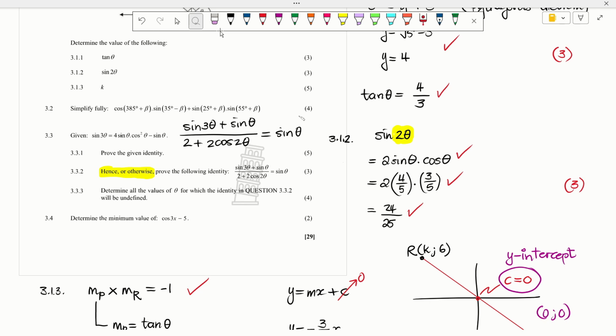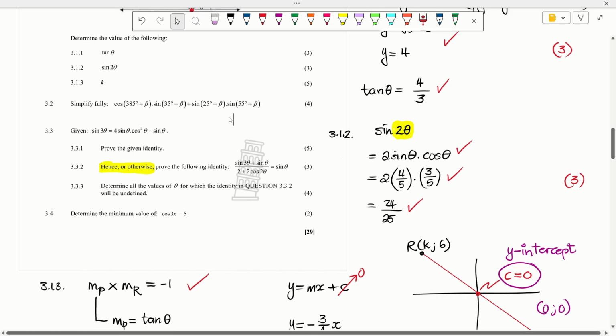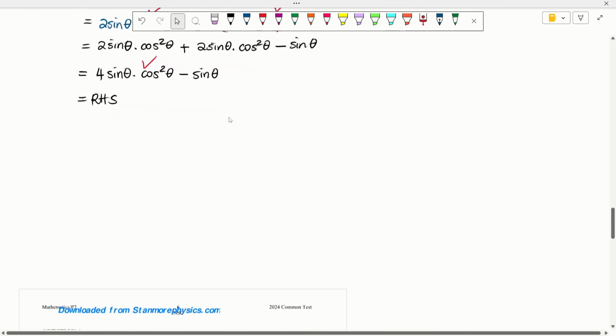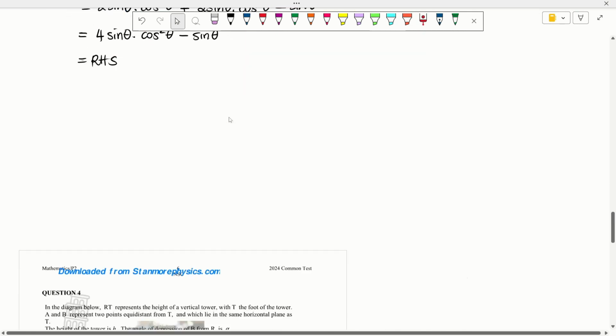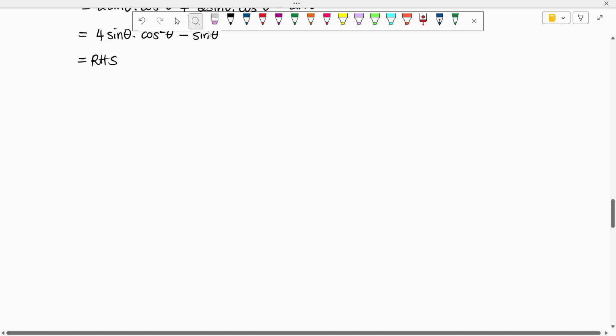But because of the words "hence or otherwise," it means we should probably include something that we learned previously to help us solve that question. So let's see how we're supposed to do this one. 3.3.2. Hence or otherwise, prove this one.